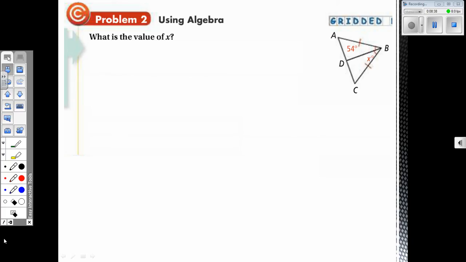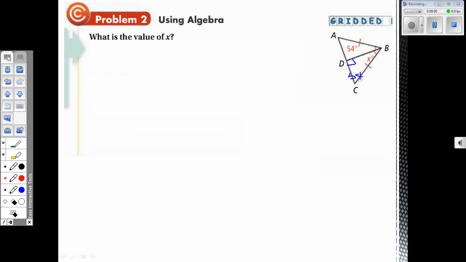If I bisect the angle at B, what is the angle at D? 90. And if this is 90, how do I know what this is? What's C?